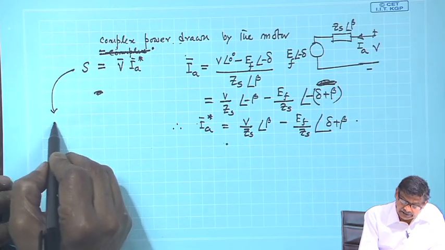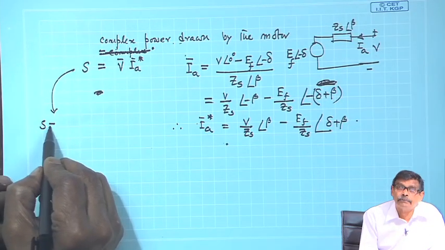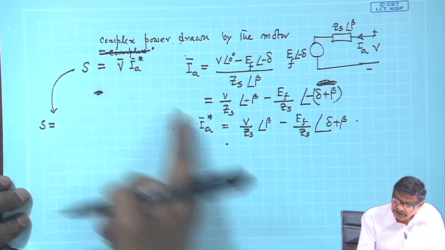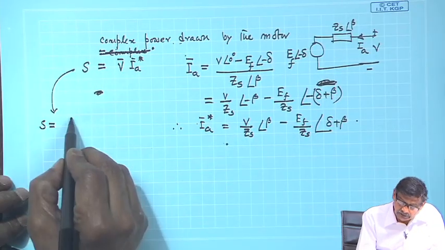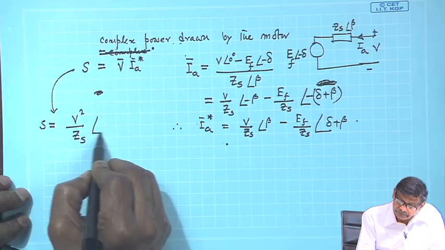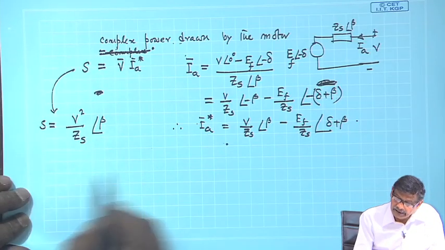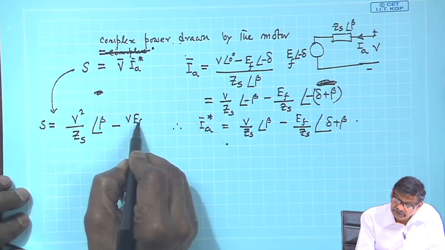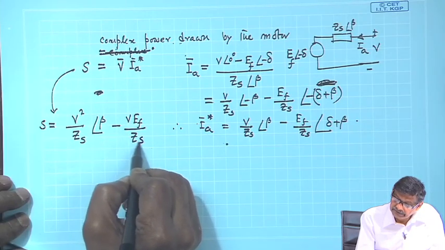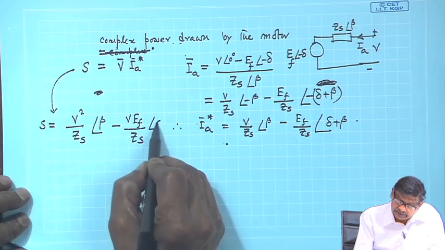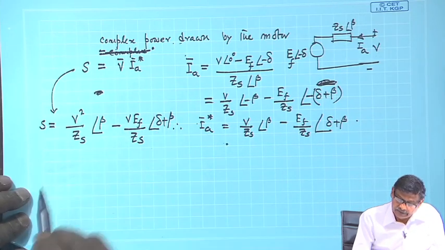Therefore, the complex power delivered S will be V angle 0 degree into this, that will be V square by Z s angle beta minus V EF by Z s angle delta plus beta.